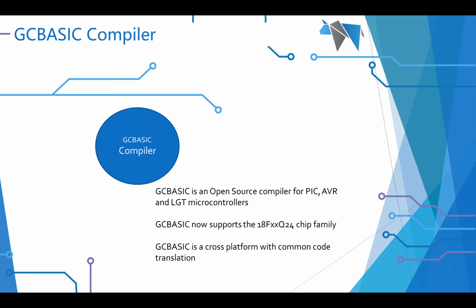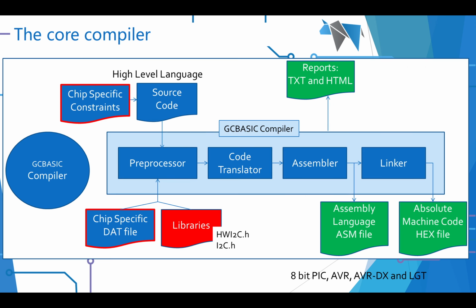For those coming to this from support, we're an open source compiler for PICs, AVRs and LGTs. As I said, Q24 is the next one, and we generate common code across these chips. For this particular one, this core compiler diagram doesn't really work because I have hacked it about.